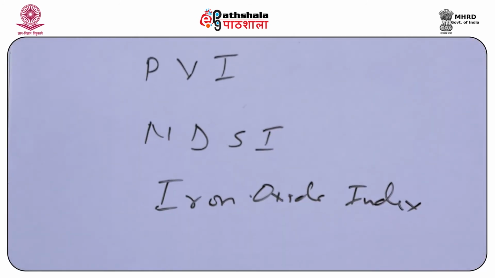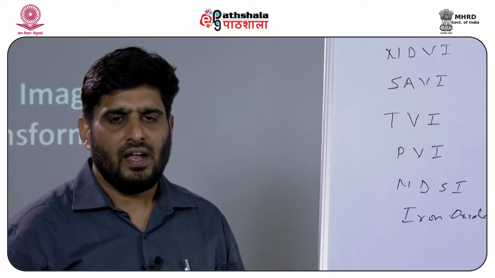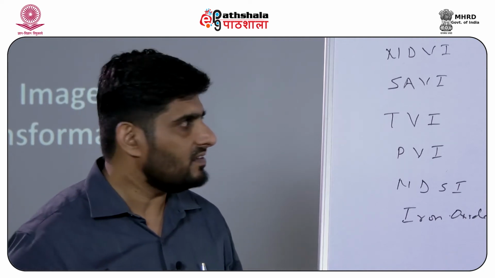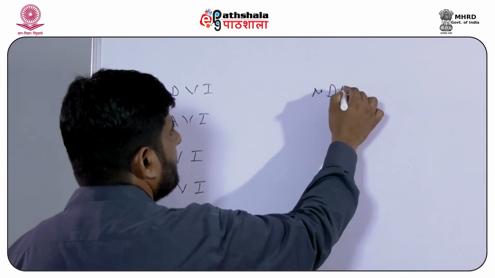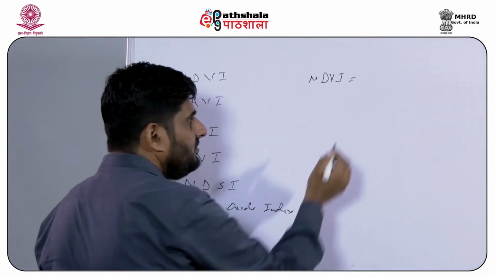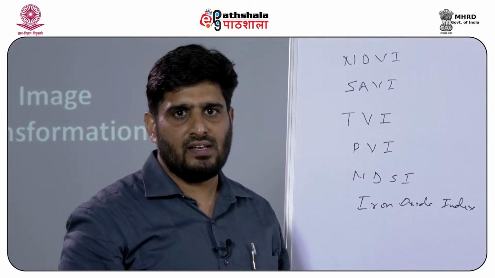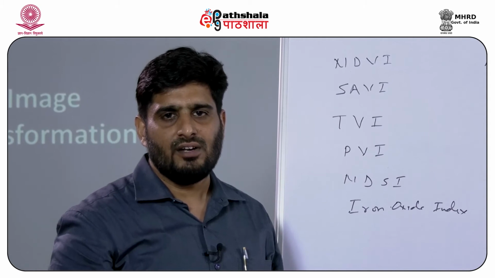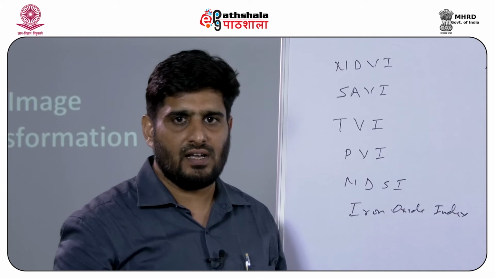Now, let us talk briefly about each of these indices. The NDVI index is represented as the ratio of the difference of pixel values in the near infrared and red bands to the sum of those pixel values in the near infrared and red bands.